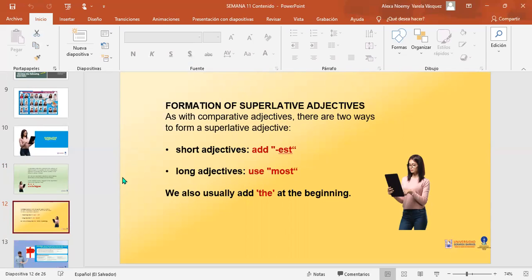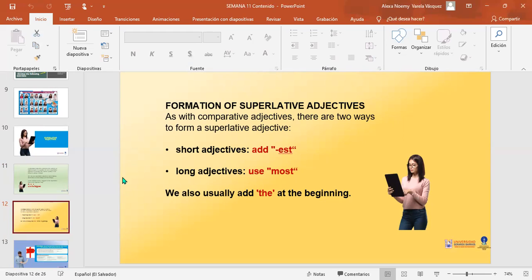In comparison with superlative adjectives, with short adjectives, we add EST, okay? What are the short adjectives? Guys, the short adjectives are the ones that just have 1 syllable. And then we add the EST, okay?